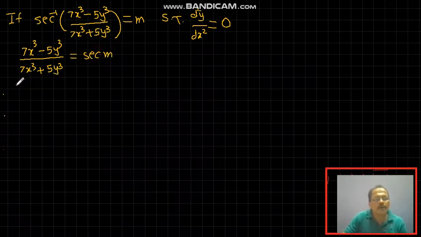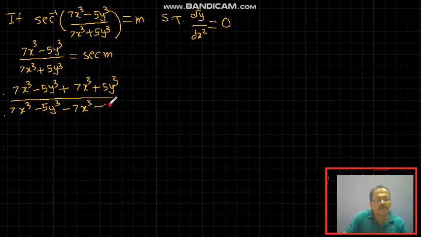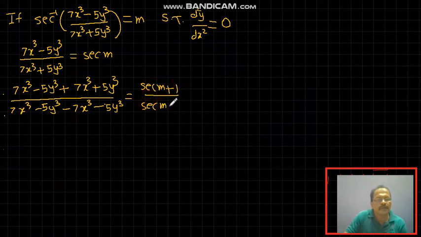Now applying the componendo and dividendo, we get 7x cube minus 5y cube plus 7x cube plus 5y cube divided by 7x cube minus 5y cube minus 7x cube minus 5y cube is equal to sec m plus 1 upon sec m minus 1.